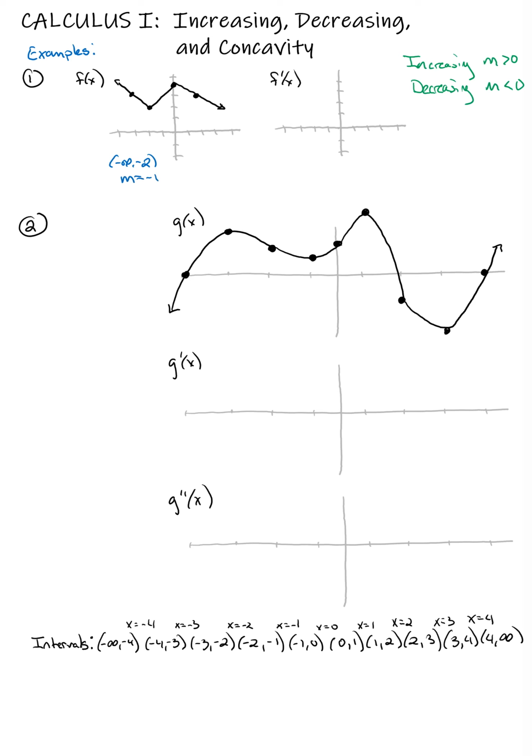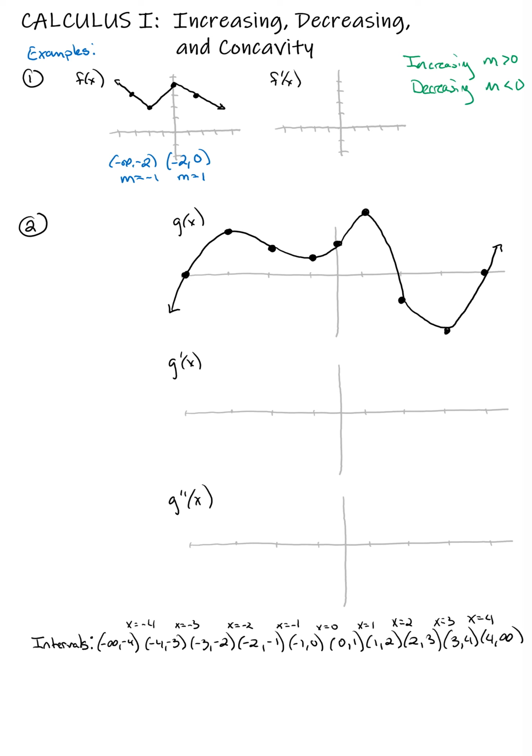If we look at the interval from -2 to 0, we can calculate our slope just in this little section here. The slope there is actually going to be positive, and specifically it's +1. Again, slope, rise over run, we go down 1 over 1, that's a slope of -1, or up 1 over 1, our slope is +1.